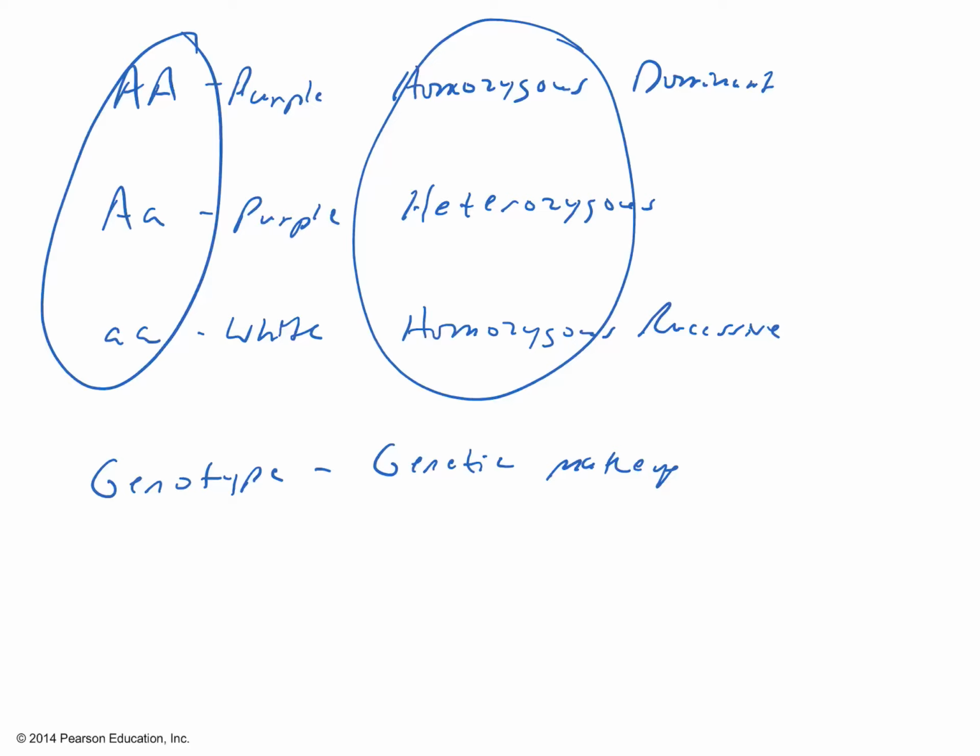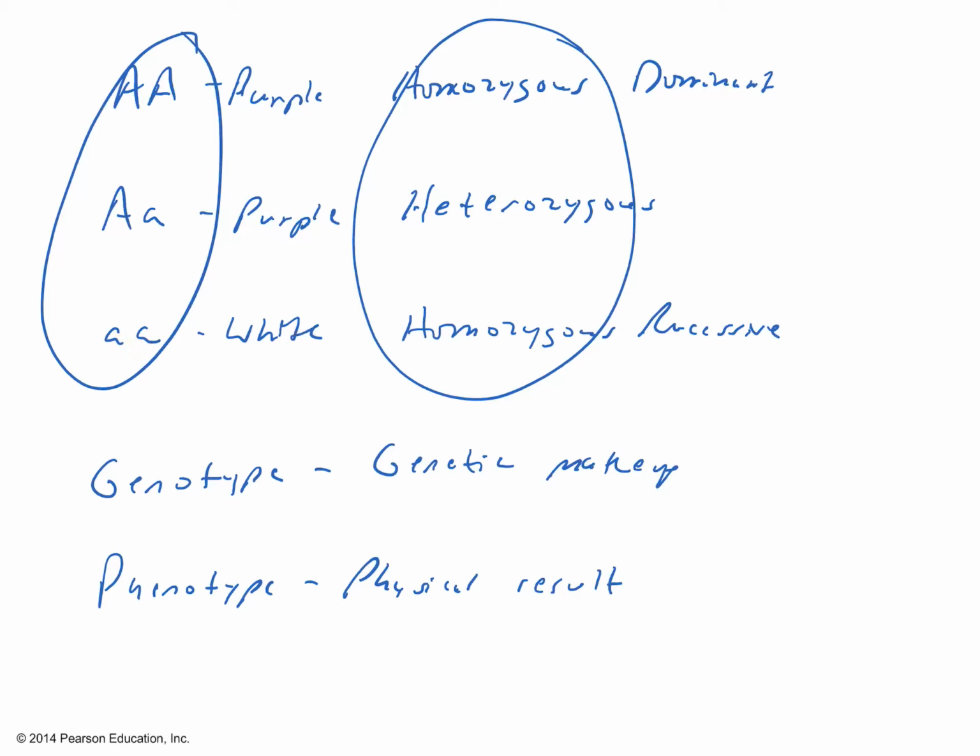The genotype largely determines what we call the phenotype, the physical result, or the physical appearance, if you will, of the genotype. So we have a homozygous dominant pea plant that's purple. So this is our genotype, homozygous dominant. The phenotype is purple. Genotype here is heterozygous, phenotype purple. Genotype here, homozygous recessive, phenotype white.